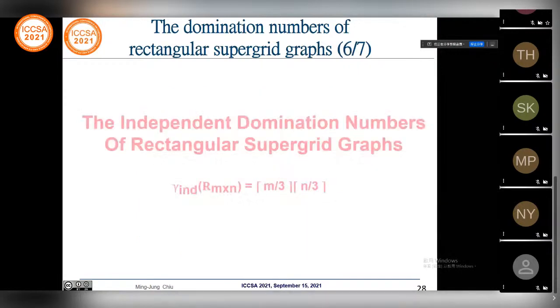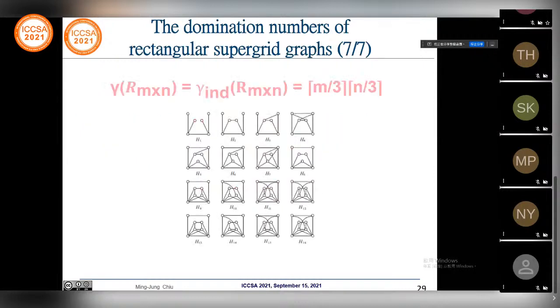What about the independent domination numbers of the rectangular supergrid graph? There is a theorem. A graph containing any graph from H1 to H16, gamma of G will equal gamma independent of G. And the rectangular supergrid graph contains H3.